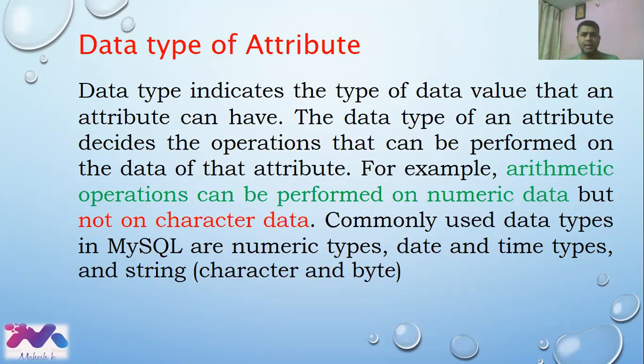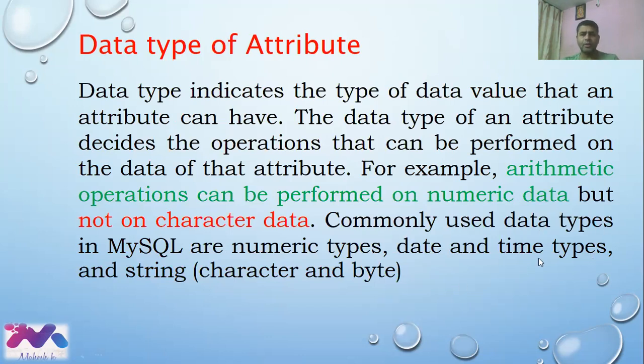These are the numeric data types on which arithmetic operations can be performed, such as addition, subtraction, multiplication, or percentage. But arithmetic will not be performed on character data, like string data. Alphabet letters cannot be used in arithmetic operations; you have to remember that.